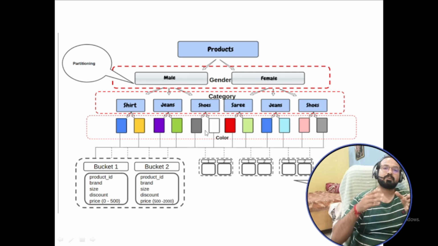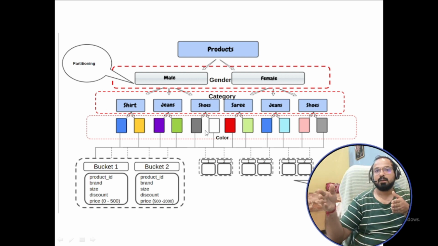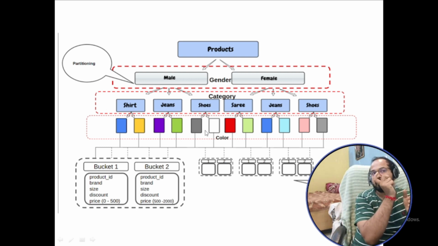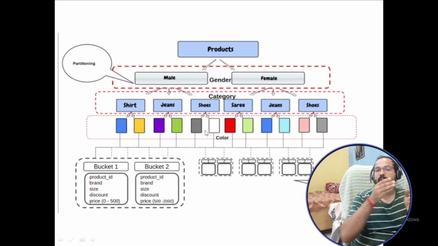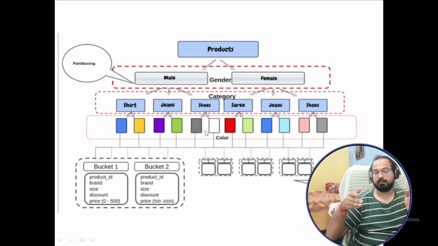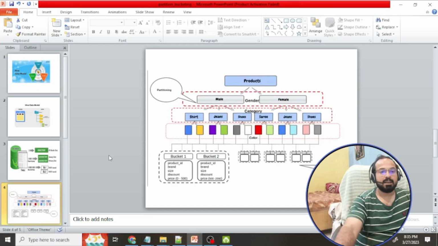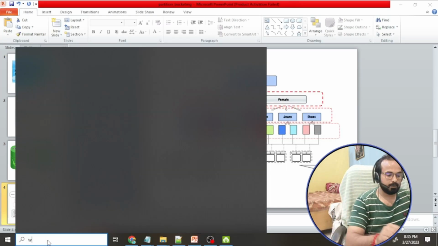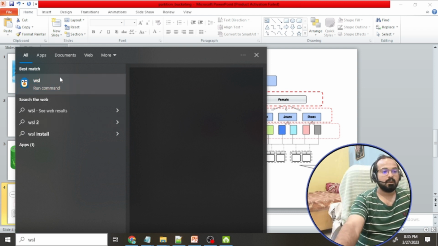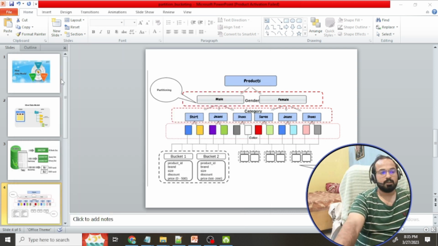So instead of creating further partitions, we can go for bucketing. Bucketing will divide that single file inside a partition into multiple bucket files. Practically I'll show you. Meanwhile I'm opening my Hadoop.